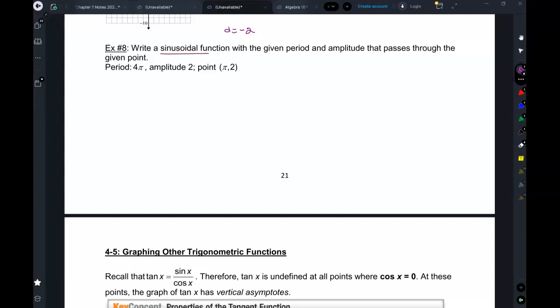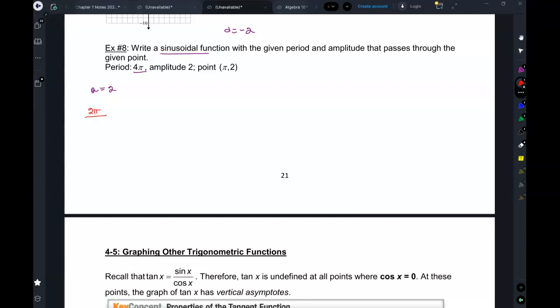So here we're going to write a sinusoidal function, either sine or cosine, with a given period and amplitude that passes through the given point. So the period is 4 pi, the amplitude is 2. So I know that A is 2. Now, the period is 4 pi, correct?